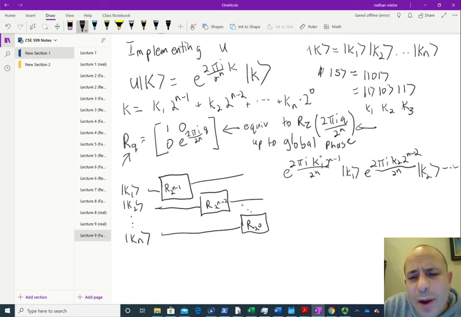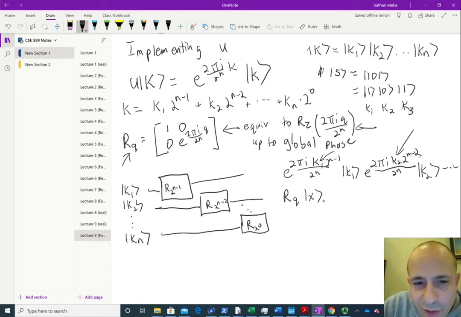Now you might wonder, where do these k1s and k2s come from in the exponent? Well, it comes from the fact that if we apply R_q to a computational basis state x, this will end up yielding e to the 2 pi i x q over 2 to the n, times x.